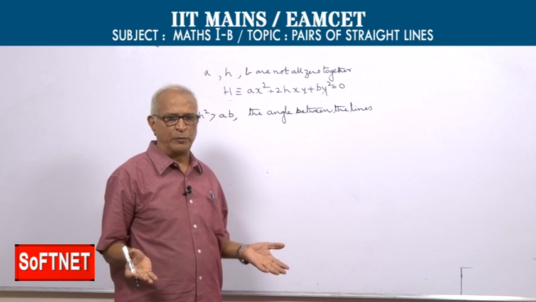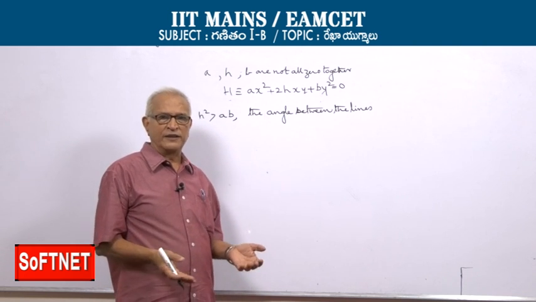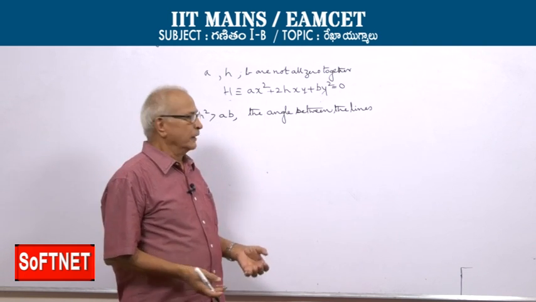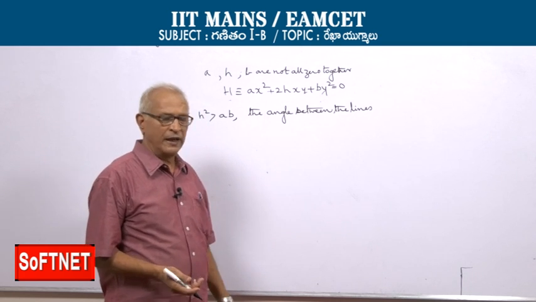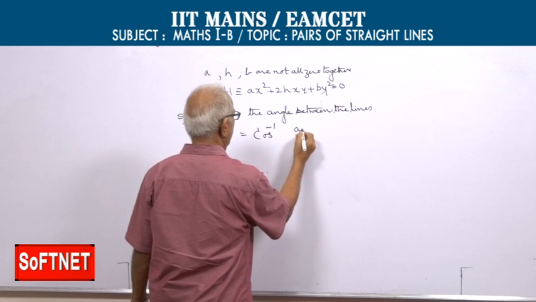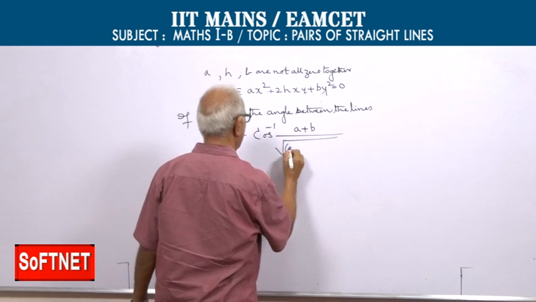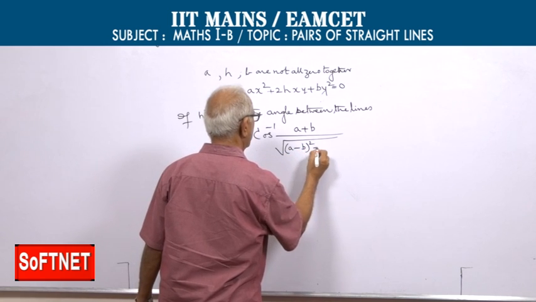In that case, the angle is 0 because the lines are coincident. So there is no need to discuss the angle between the lines in case h square equal to AB. Therefore, when h square greater than AB, the angle between the lines equals cos inverse of (A plus B) by root of (A minus B) whole square plus 4h square.